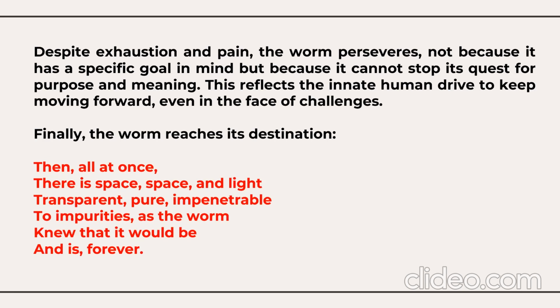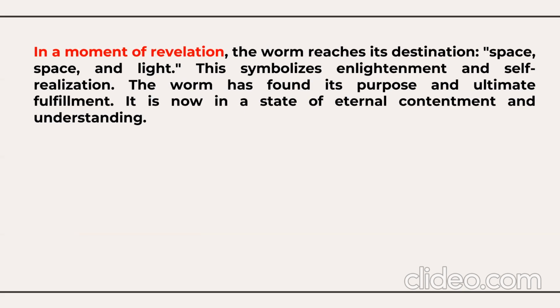Hence, the worm reaches its destination. The poet says, then all at once there's space and light, transparent, pure, impenetrable to impurities, as the worm knew that it would be and is forever. So, in a moment of revelation, the worm reaches its destination, that is the space and light.